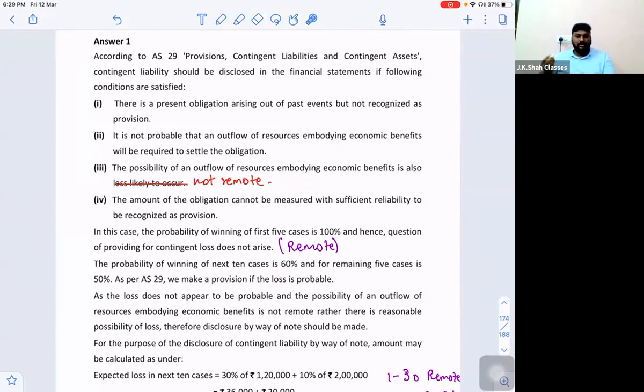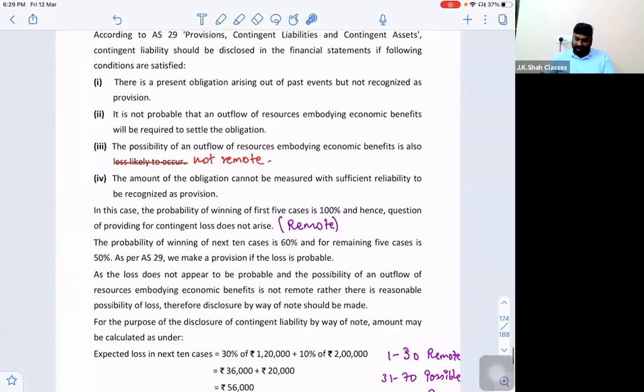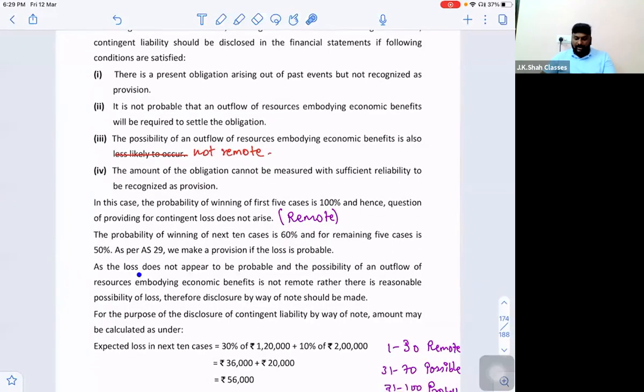But here the loss is not probable, it is possible. As the loss does not appear to be probable, and the possibility of an outflow of resources embodying economic benefit is not remote, rather there is a reasonable possibility of loss, it is not even probable, not even remote, so it is in between both of them, it is possible. Therefore, disclosure by way of notes to accounts should be made.